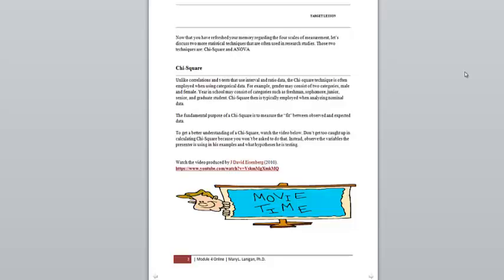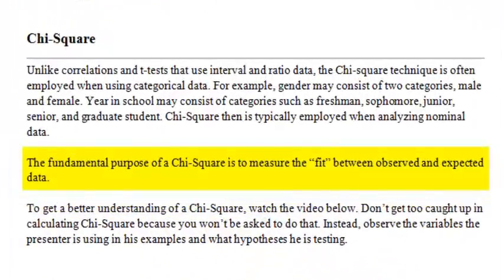So for example, gender may consist of 2 categories, male and female. Year in school may consist of freshman, sophomore, junior, senior, and graduate students, as we had mentioned earlier. So these are categories or nominal data, and this is where the chi-square can be useful in analyzing nominal data. Now the fundamental purpose of a chi-square is to measure the fit between observed and expected data.